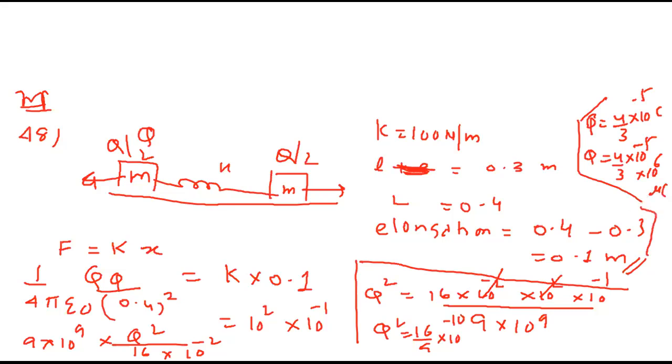So charge Q equals 40 by 3 microcoulomb. So charge on each will be 20 by 3 microcoulomb. Check what they want. The value of Q equals, we got 40 by 3. 40 by 3 is how much? 26.7.